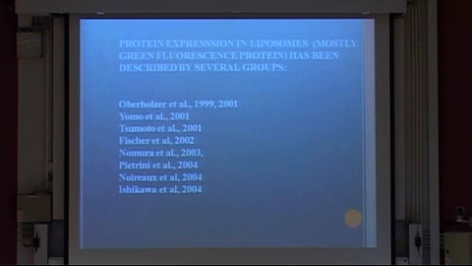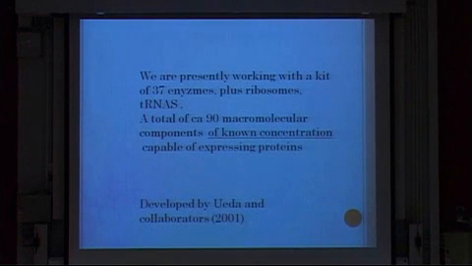Now, a series of groups following our early step in the early 90s are in this field of making cells, and the exercise now is to put inside liposomes a kit capable of expressing proteins. Presently, we are working with the system developed by Ueda in Tokyo, consisting of 37 enzymes, but then if you count the ribosomes and the tRNAs, there is a total of 90 macromolecular components.